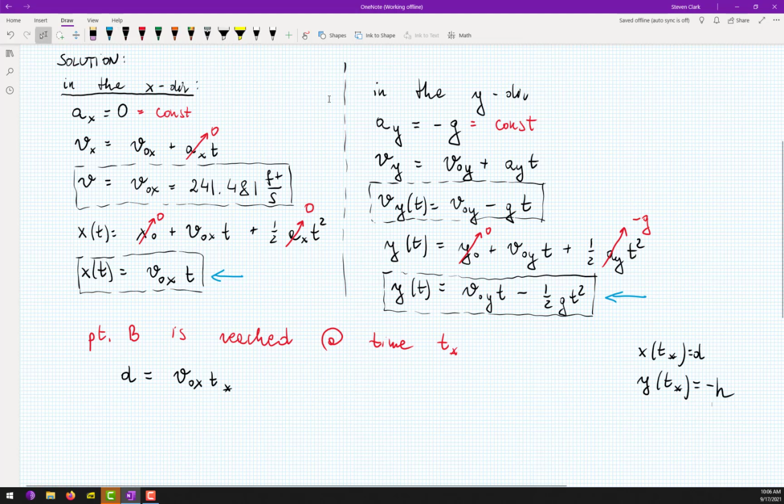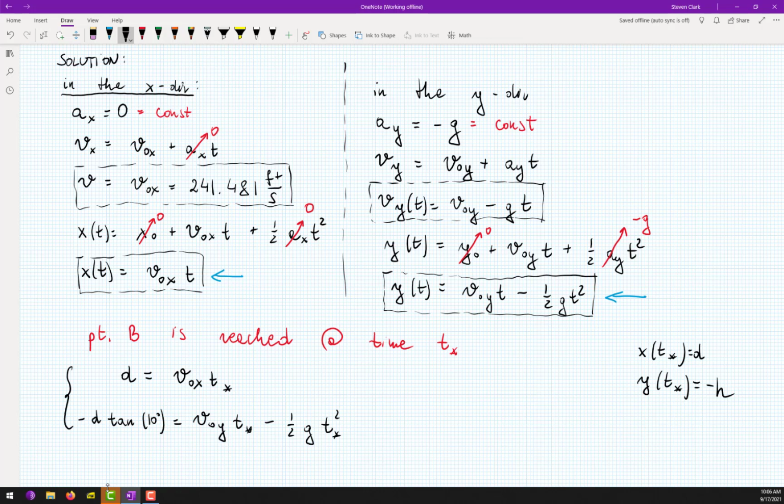So minus h, or thank you, minus d tangent 10 degrees is equal to v0y t star minus 1/2 g t star squared, of course.